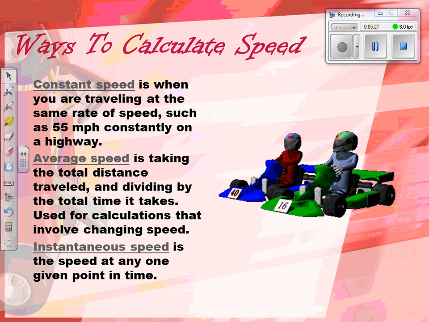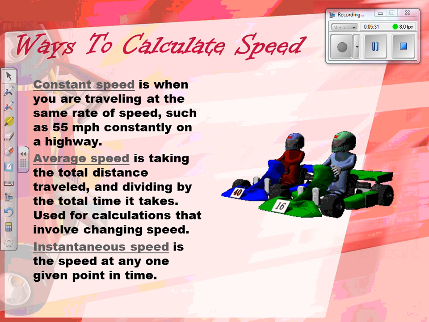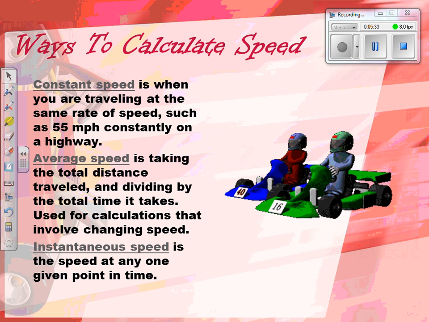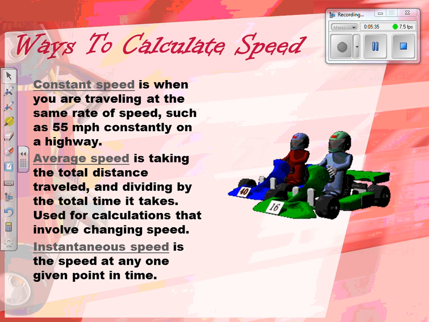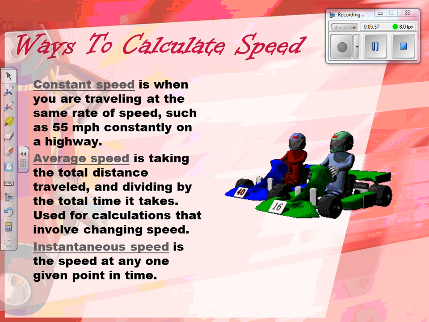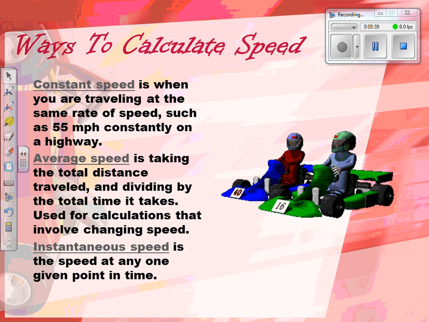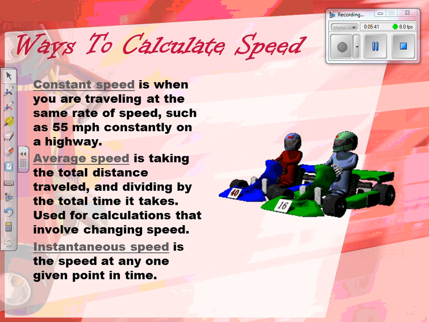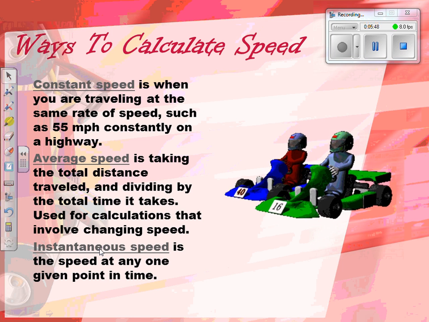Well, that's the speed you were traveling at that point in time. You might say, oh no, officer, I was actually only going 55 miles per hour as your average speed it would have taken you to go from one place to another. But an exact point in time is your instantaneous speed.